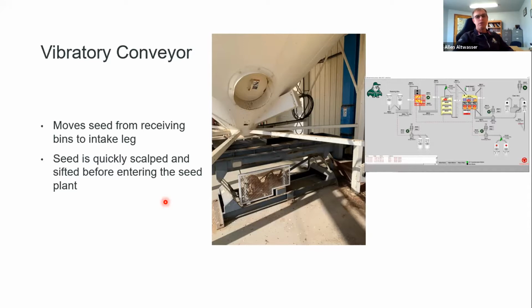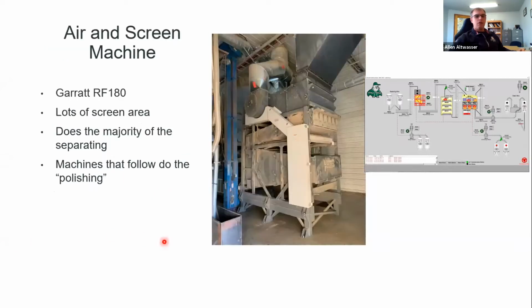That can cause problems later in the process if you don't get rid of it quickly. It takes out a number of small weed seeds if they're present, and it also scalps out some unthreshed heads, sticks, and stem parts, and it increases the efficiency of the other machines.